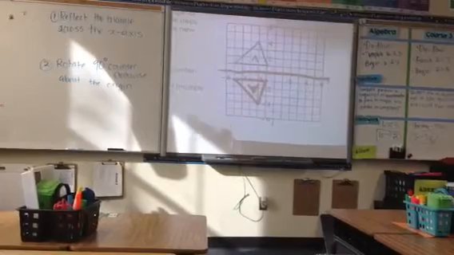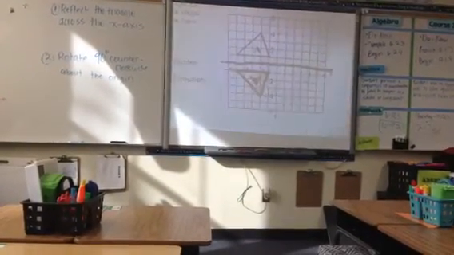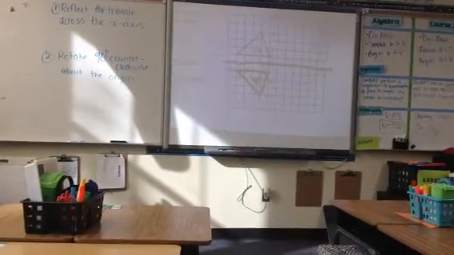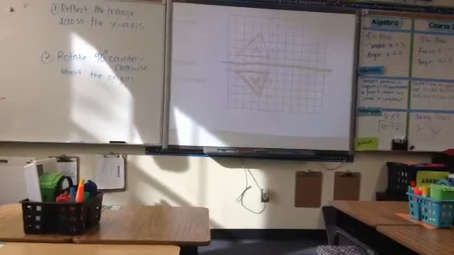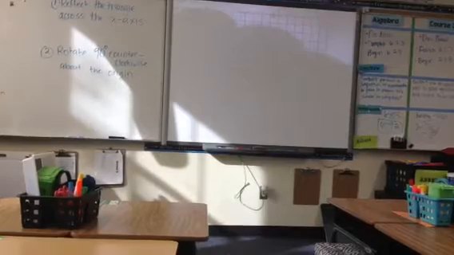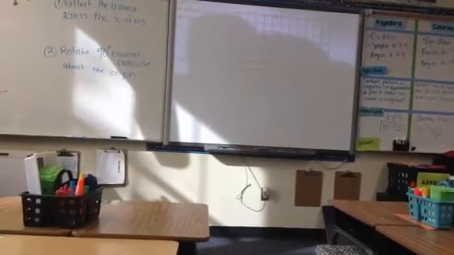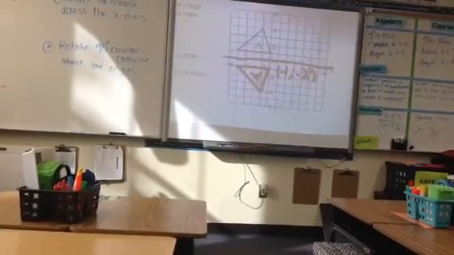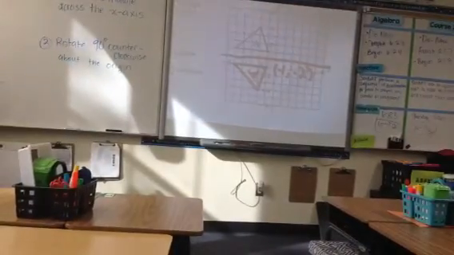Now, in order to rotate about the origin, I need to label off my coordinates. So for here we have -1, -2. Okay, I'm actually going to write them on the board so you can see a little bit better.